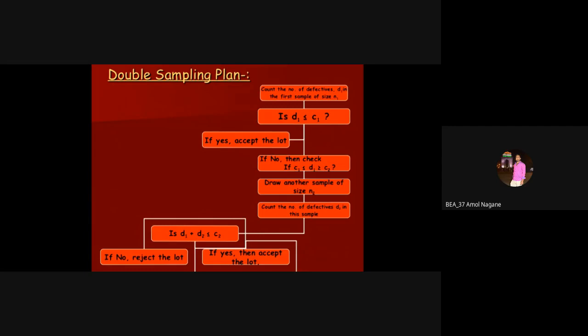If yes, accept the lot. If no, then check again whether D1 is between C1 and C2. So again a second time we have to select one sample, for example 10 to 20. Suppose that sample is between 10 to 20, definitely that will be accepted. Okay, so this is the basic sampling.